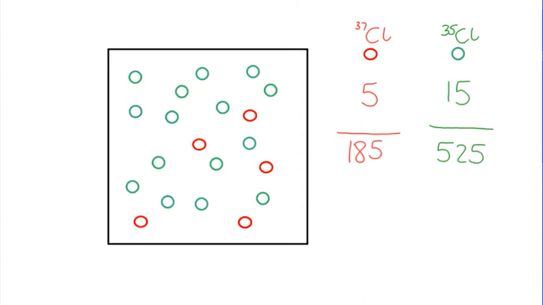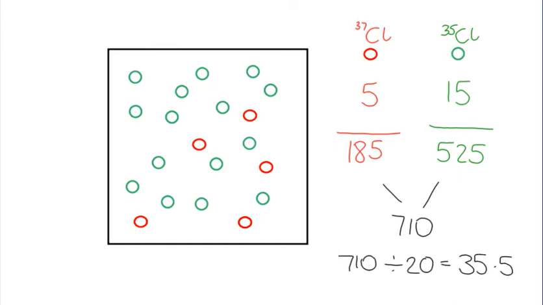So in total, the sample actually weighs 710, and that is spread out over a total of 20 particles. If we divide that number by the 20 atoms in my sample, we'd find that the average mass is not actually 36 but 35.5, and that is what we mean by the weighted average. We're weighting it to take account of the numbers of each type of atom.